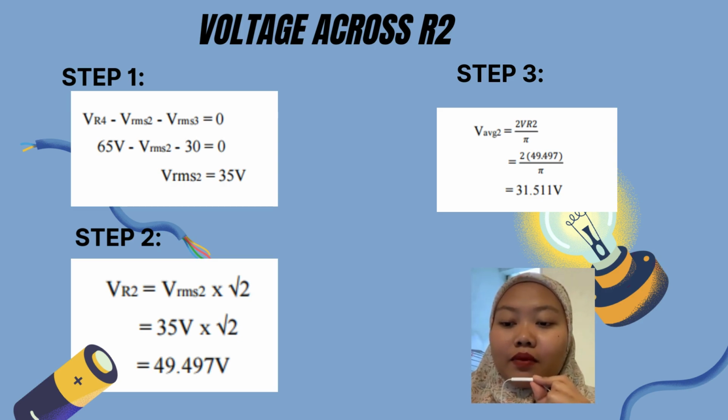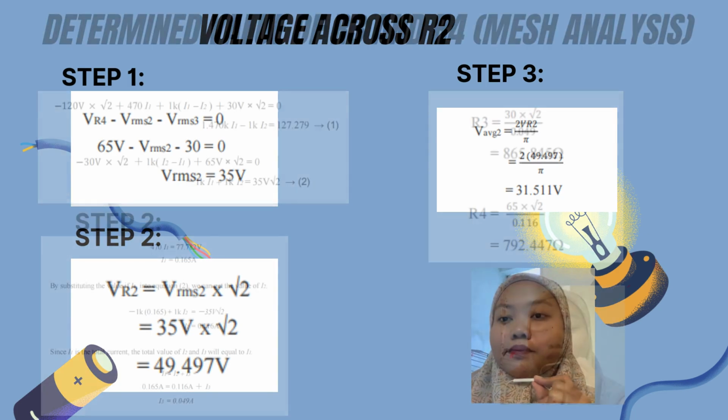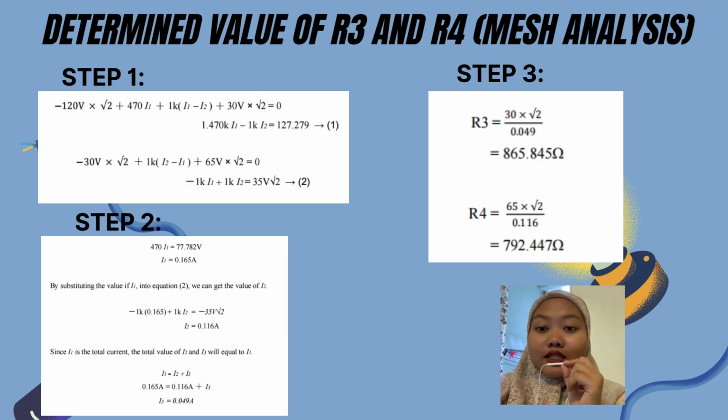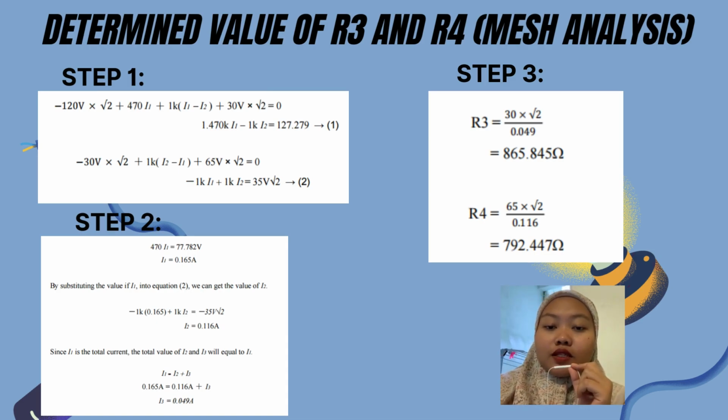And the last step, we use the formula to determine the V average 2, which is V average 2 equal to 2 VR2 over pi, and we got 31.511 volt.